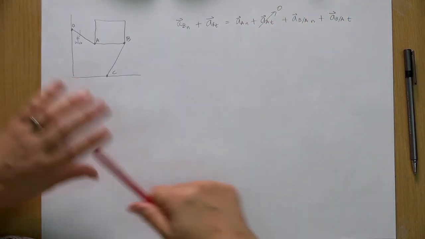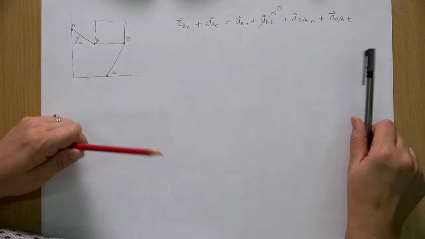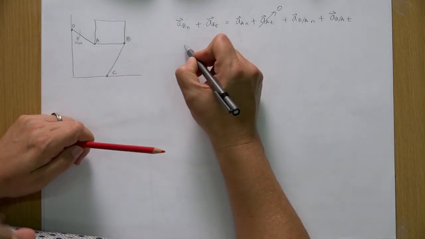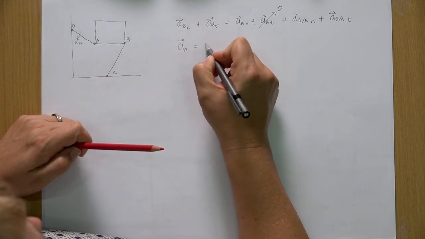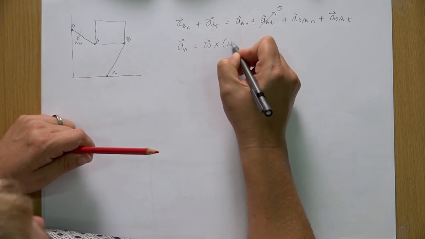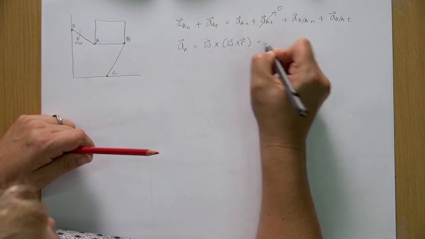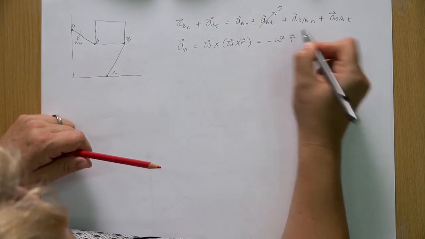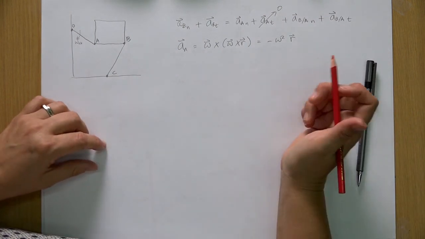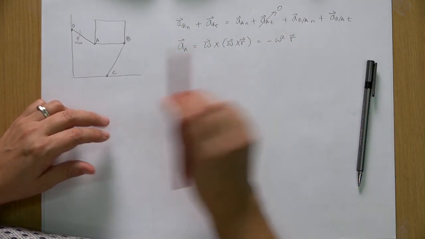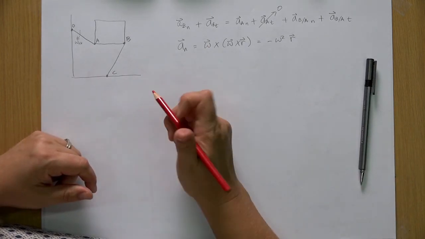AA normal is a vector. Remember that the normal acceleration is omega cross r, which I can rewrite as minus omega squared, scalar vector r. The normal acceleration always points back towards the center of the circle.